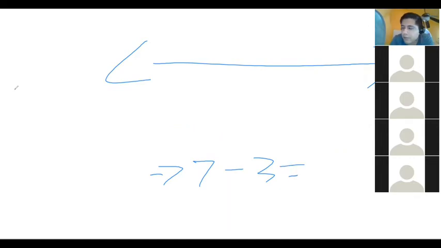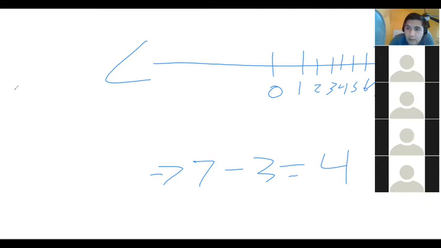So 7 minus 3 is much simpler, right? Because then what would that be? 4. And let's just look at it on the number line again. So we start off at 7. And if we subtract 3, we're going to go which way?